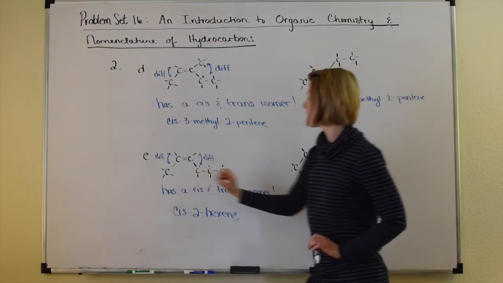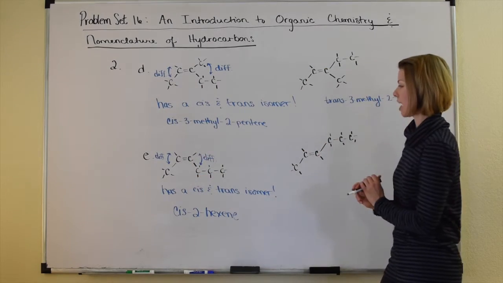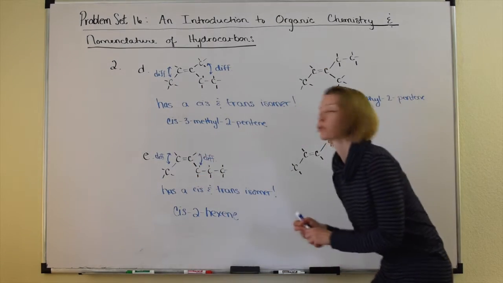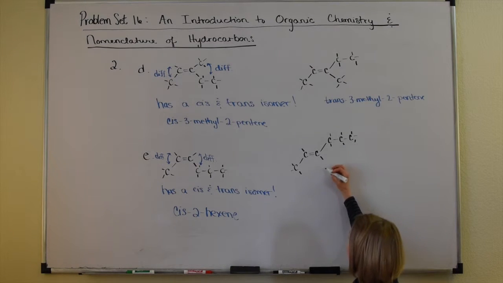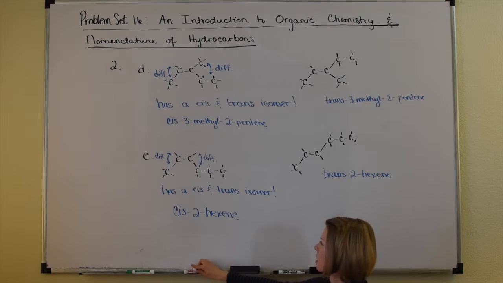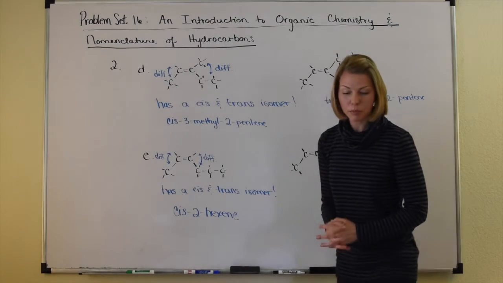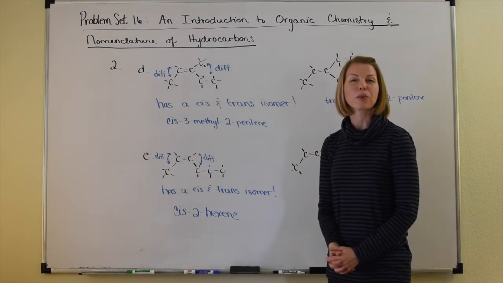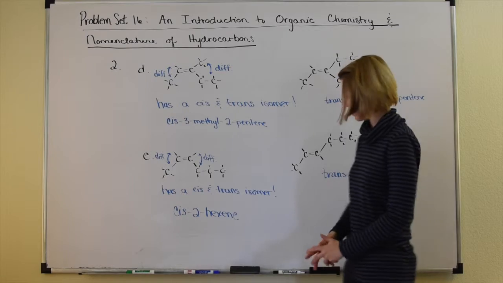Instead of the same, they are on the opposite sides. So now we have trans 2-hexene. Okay, so that completes number 2. We're going to go ahead and erase here and go on to number 3.